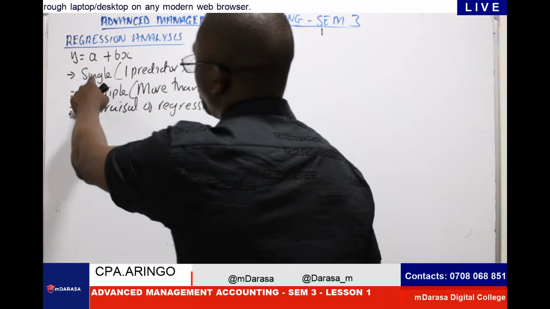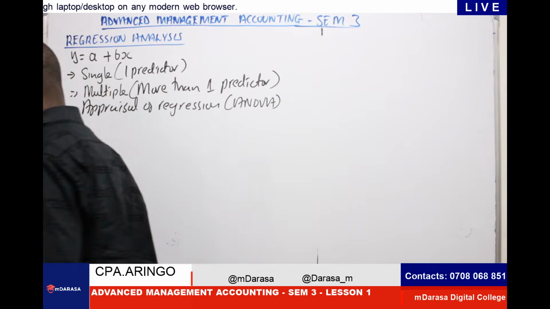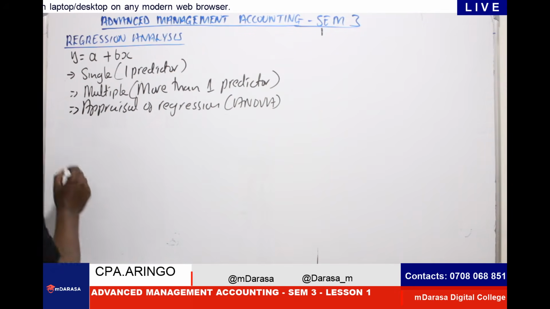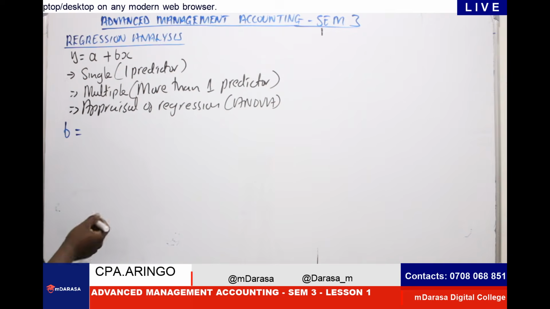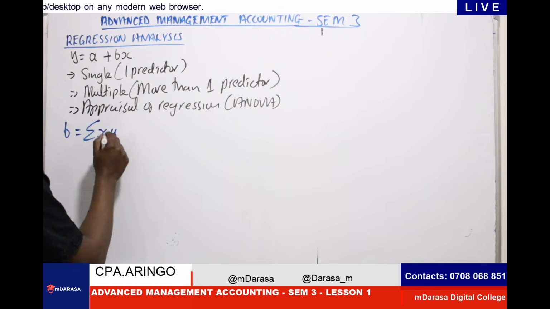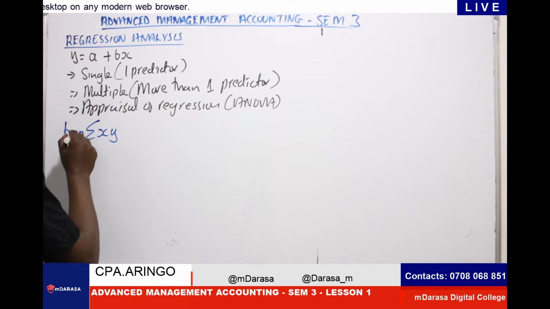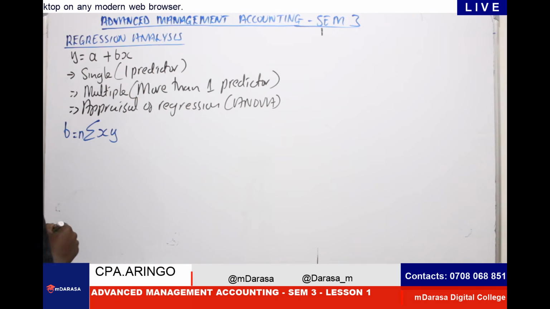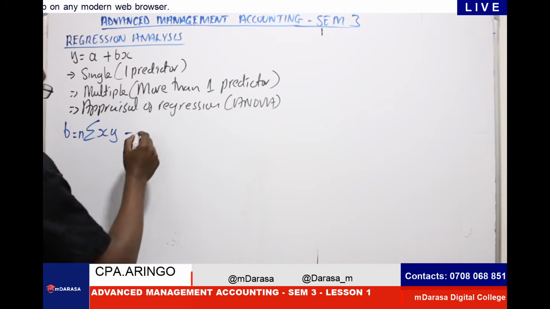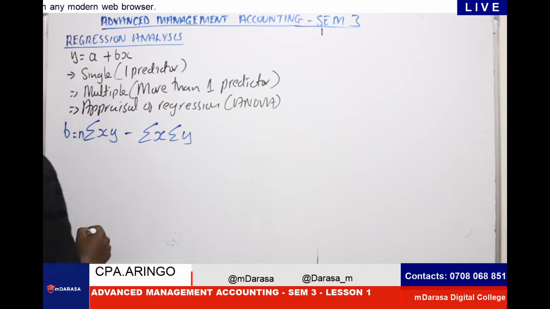The main consideration behind regression is simple. Given that my equation is a plus bx, I need to identify first of all the value of b. How will we determine b? Of course, we need to have our variables: n, the number of variables, summation of xy, less summation of x times summation of y.